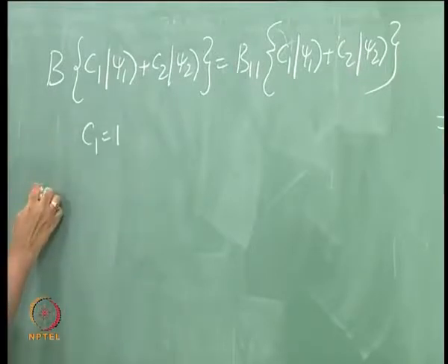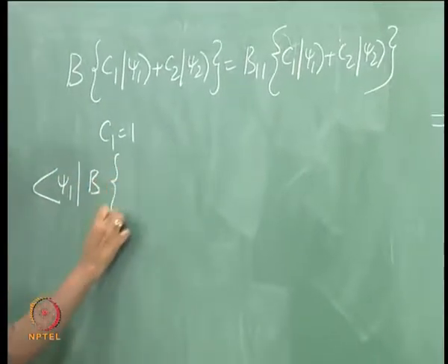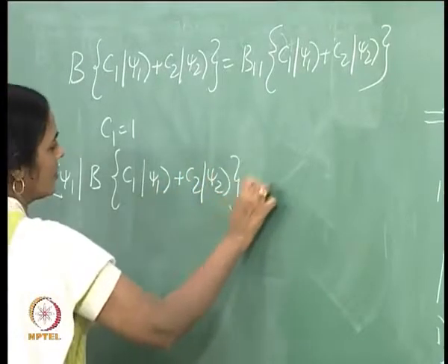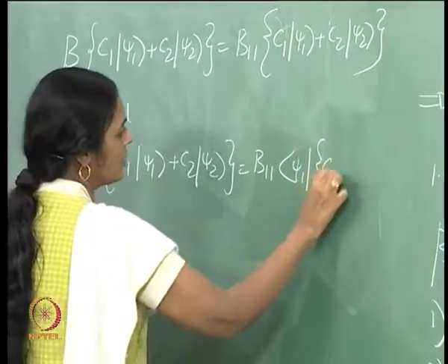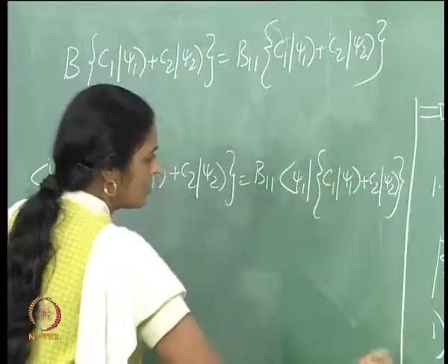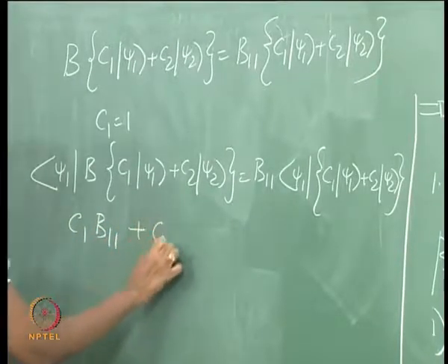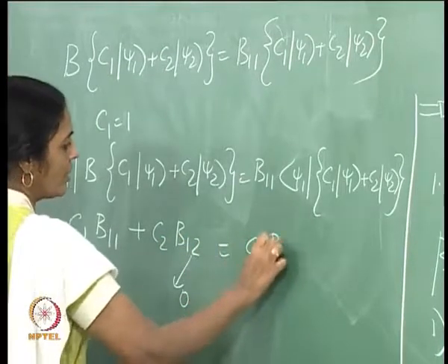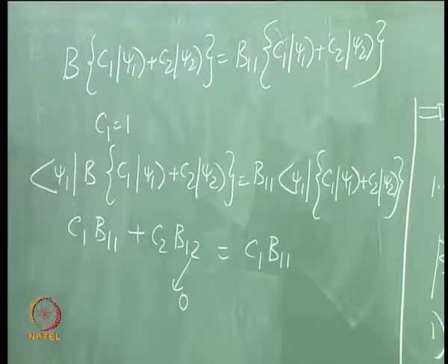So if I took C1 equals 1 and if I work with psi 1 on this side as before, B11 is a number, so I can pull that out. This gives me C1 B11 plus C2 B12, but that object we said was 0, is equal to C1 B11, which is just a consistency condition. I have put C1 equals 1.